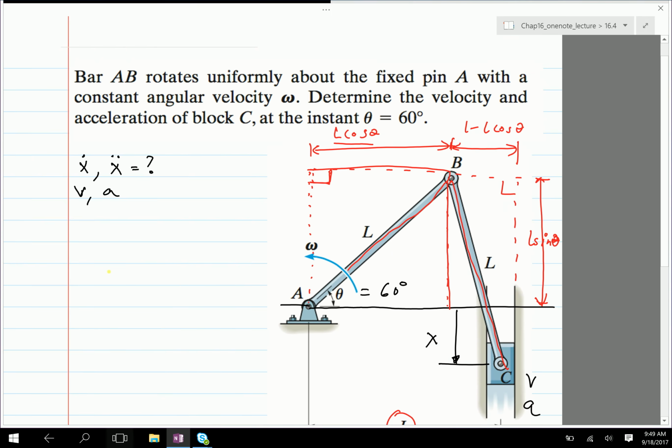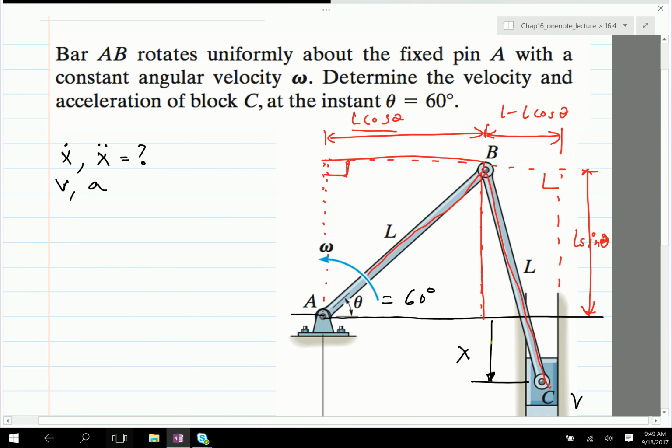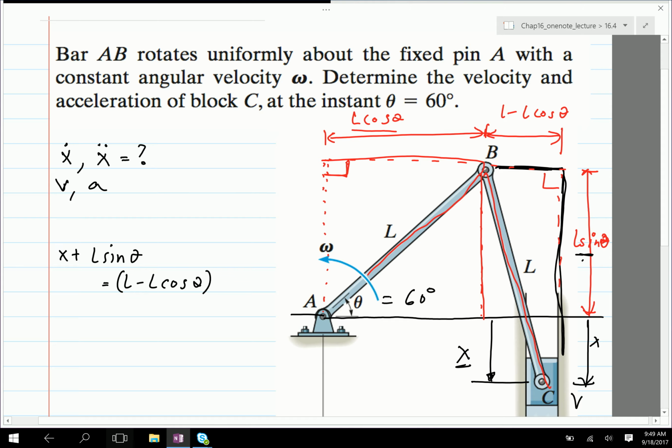Let's see. X, I know this is X. This is L plus L sine theta. X plus L sine theta. This seems to be one of the sides of this triangle, right? This side. I know this side too. It is L minus L cosine of theta. So maybe I can use Pythagoras theorem.